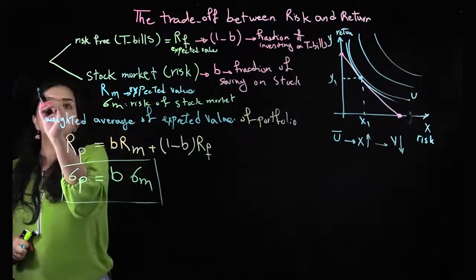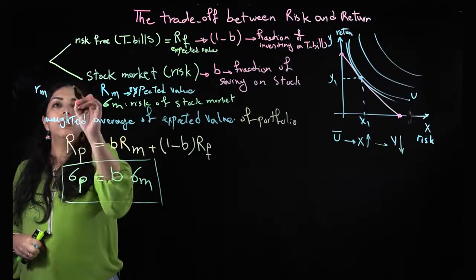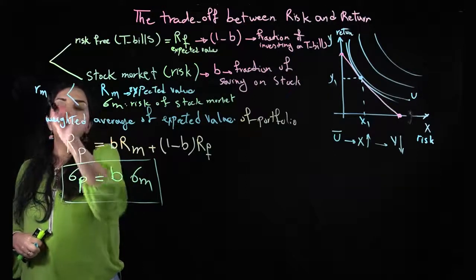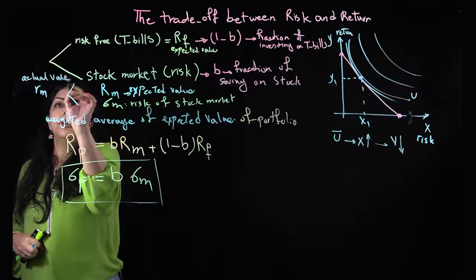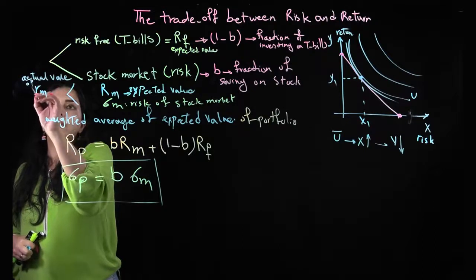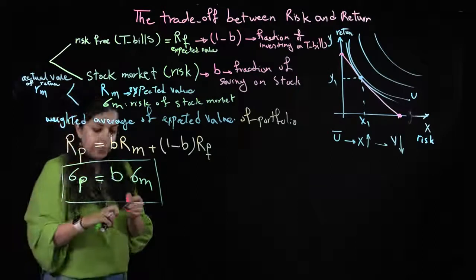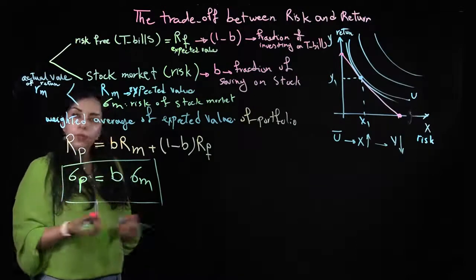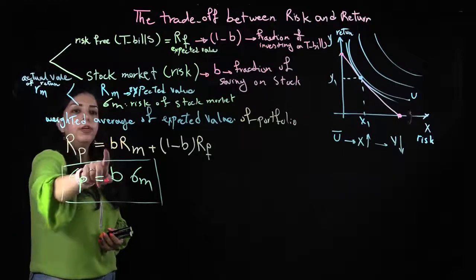So I assume that the actual value is RM, and the expected value is its mean. So this is the actual value of return on a stock market. So far so easy, right? I have just defined some abbreviations, that's all.